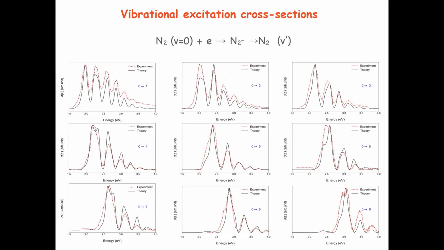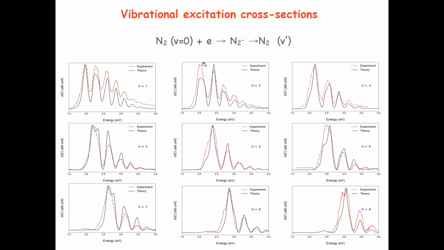In terms of the quality of this potential energy surface, these are results of dynamical simulation on the potential energy surfaces obtained with multi-reference perturbation theory combined with CAP, for the vibrational excitation cross-section process upon electron scattering on N2. What is happening here is we start in the ground vibrational state of N2.